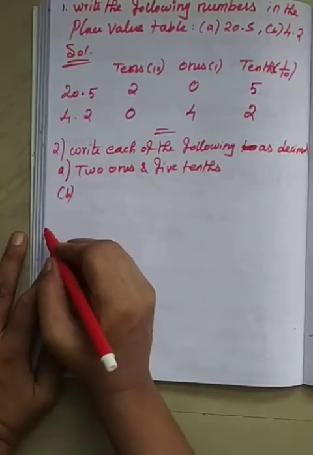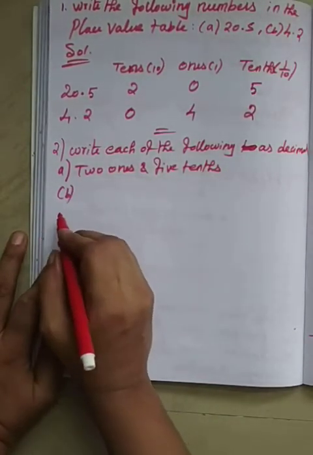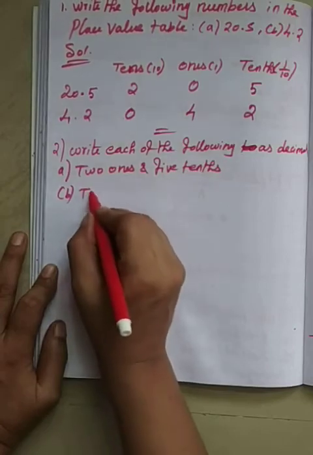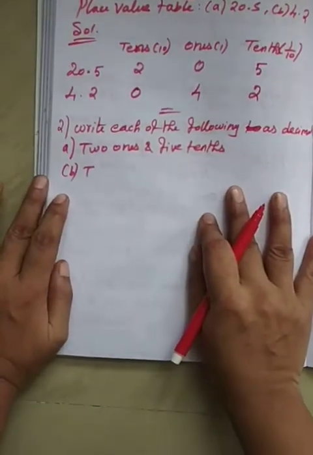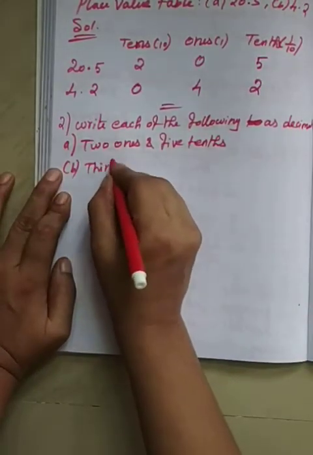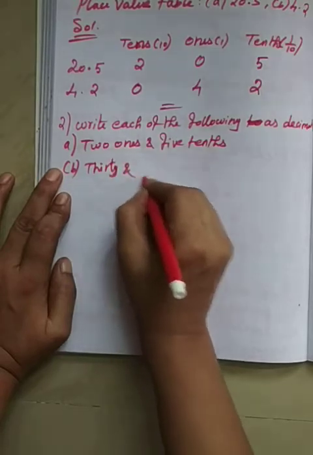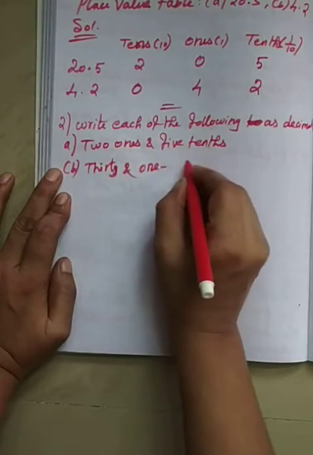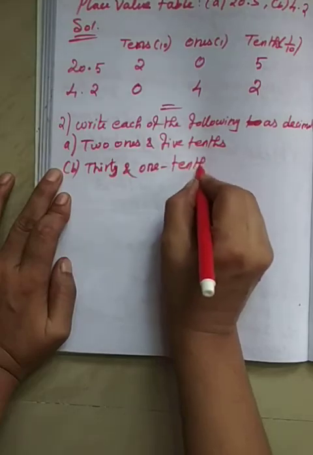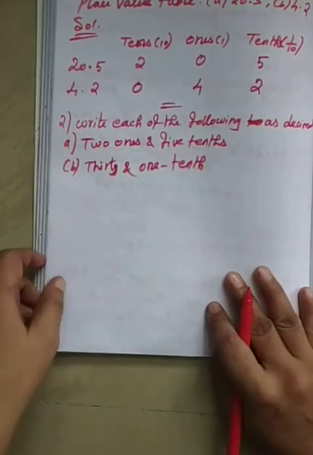Second one, 30 and 1/10. Okay, see here.